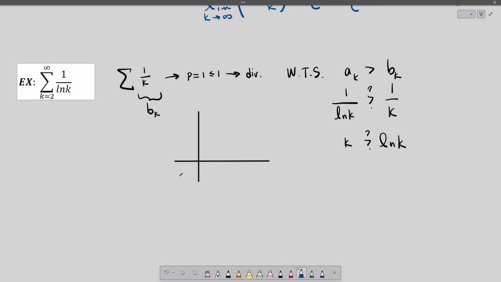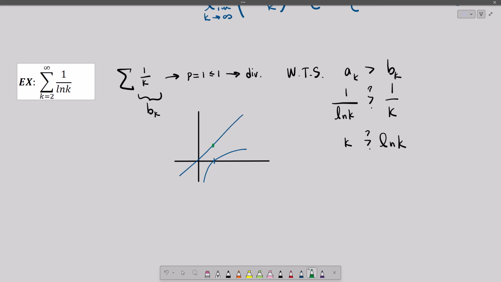So a picture of y equals x or y equals k is that. The natural log function goes through here. And it looks like this. So that is going to be true. And in calculus, sometimes you prove this with a technique called proof by induction.